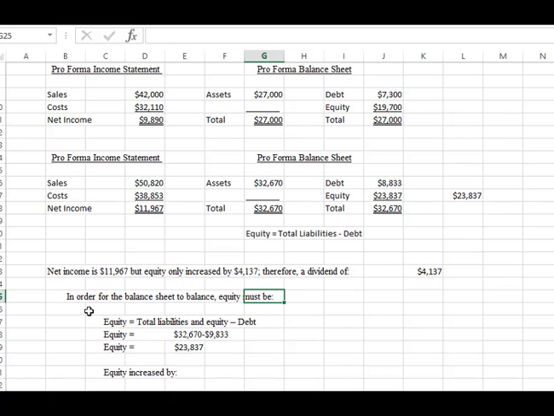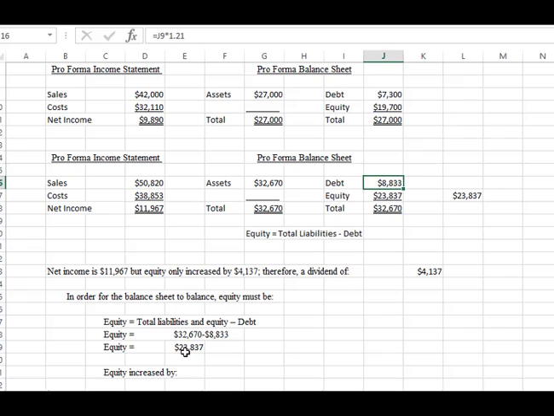So then, in order for the balance sheet, equity must be total liabilities and equity minus the debt. So the 32,670, which is the total number right here, minus the 8,833, will give us what our new equity number is.